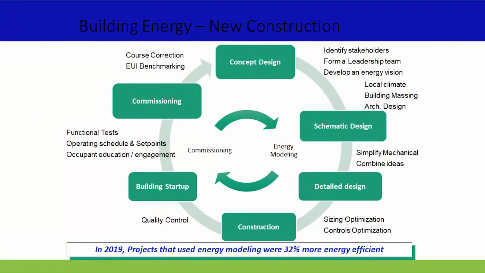In the next phase, we look at simplifying the systems, the mechanical systems. We try to combine areas and shore up enough information that forms the basis of design. The basis of design has lots of narratives and details that make sure the systems are capable and energy efficient.